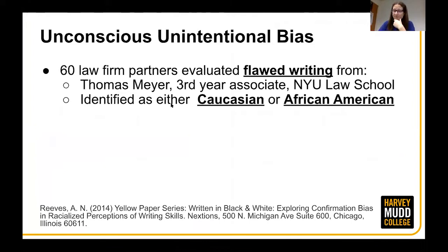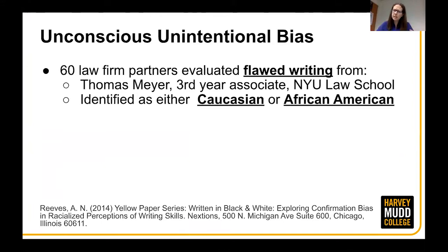Okay. I want to look at one that particularly motivates my anonymous grading. In this one, they took some flawed legal writing and sent it to law firm partners. Everyone was told it was written by Thomas Mayer, a third-year associate who went to NYU Law School. For half of the lawyers, they said Thomas is a white man. For the other half, they said Thomas is an African-American or Black man.